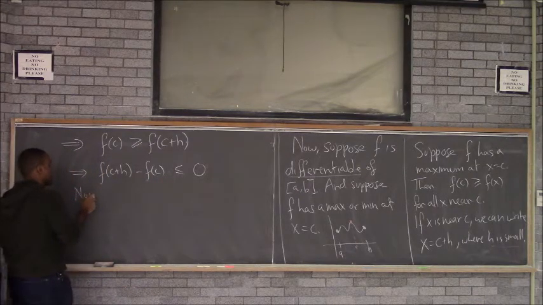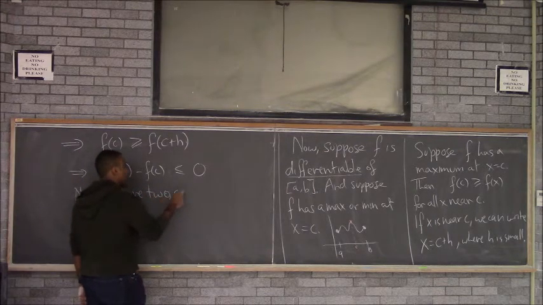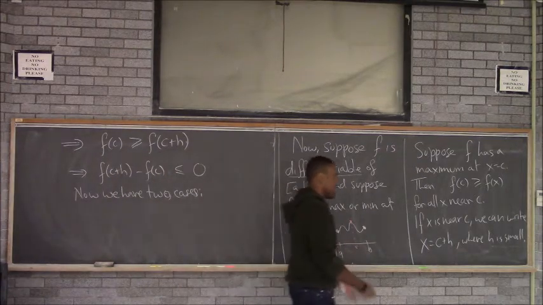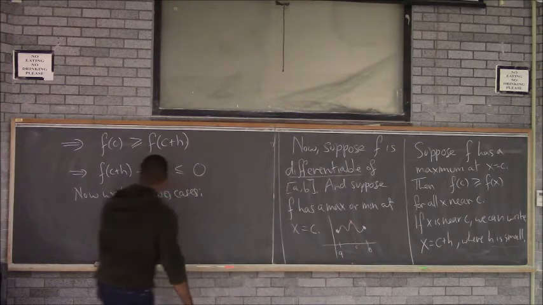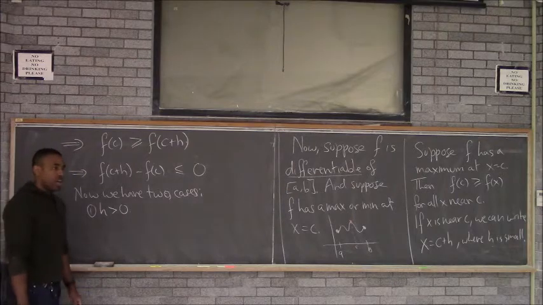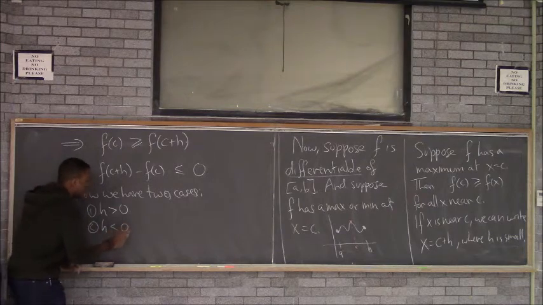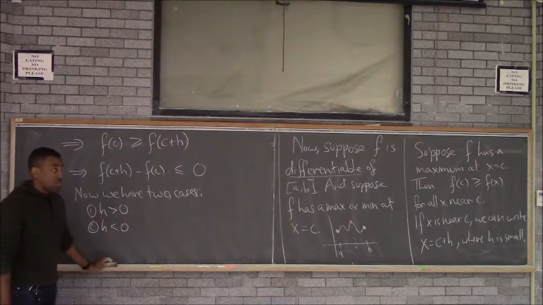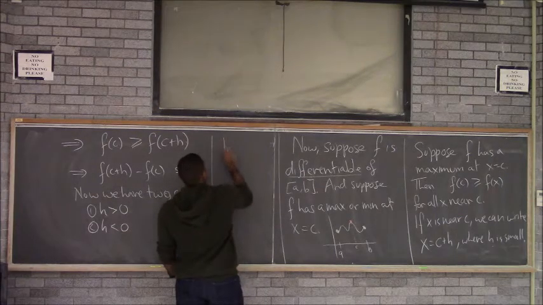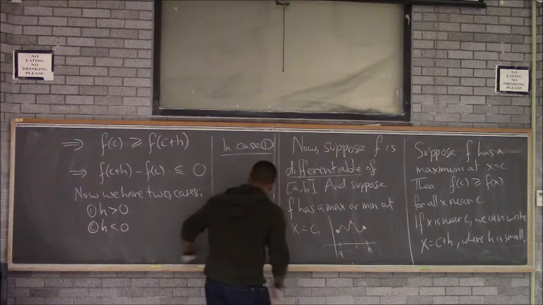Now we have two cases here. Suppose x is a little bit to the right side of c, meaning that h is positive. So I take c and I add a little bit. That means h is positive. x is on the right side of c. Or h is negative, meaning x is on the left side of c. What would that actually imply? In case 1, here's what will happen if I assume it's to the right side.